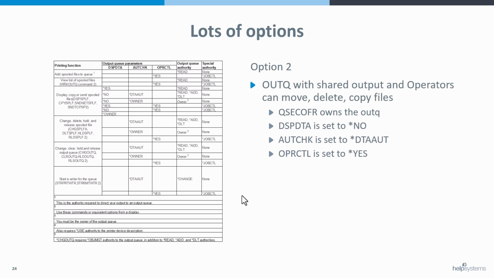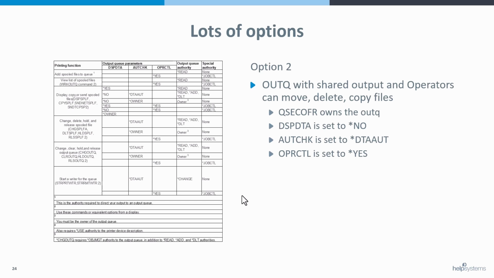Option 2, it's shared output, and the operators can move, delete, copy, send the spooled files. QSECOFR owns the out queue. Display data is still set to no. Authority check is still set to data authority. But in this instance, operator control is set to yes, and operators have been granted job control special authority.